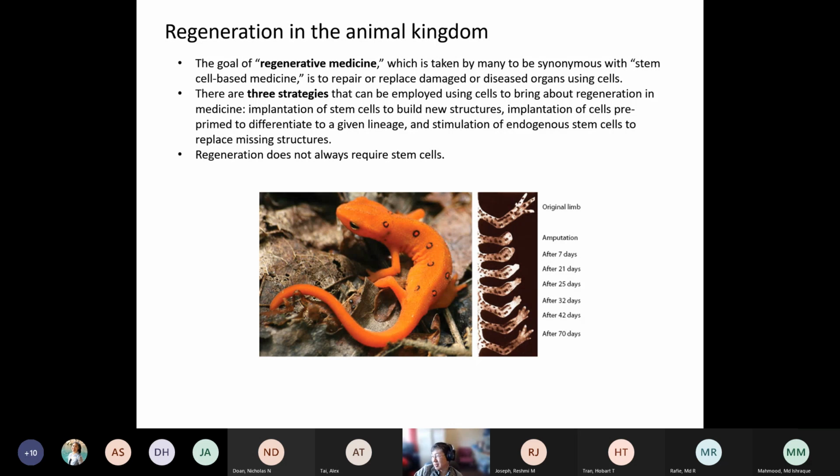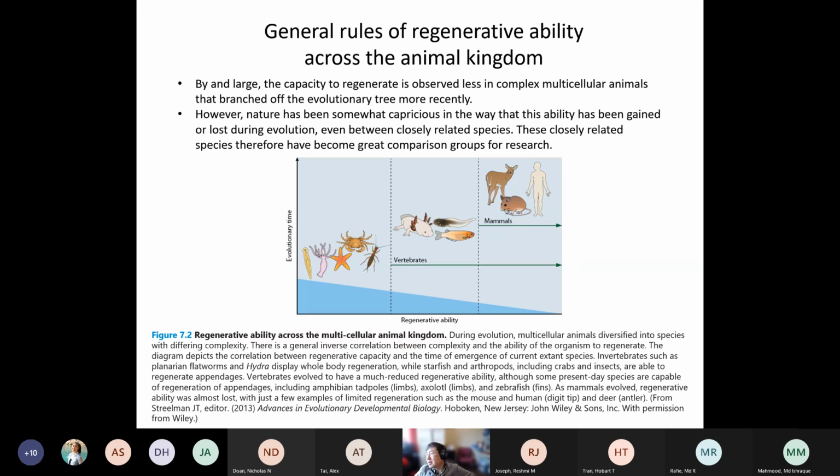I would say it's much better than mouse-based work, because either in mouse or in humans, the regeneration power is not as great as in lower species. So if you really want to study regeneration, you probably will end up studying these lower species. So why don't you just remember their names? So this is a newt here.